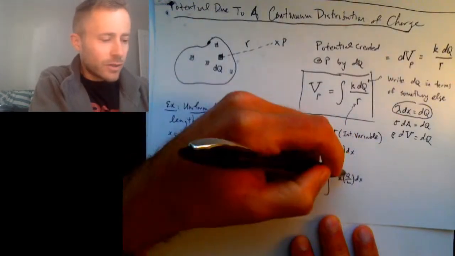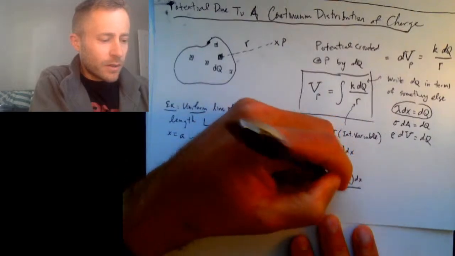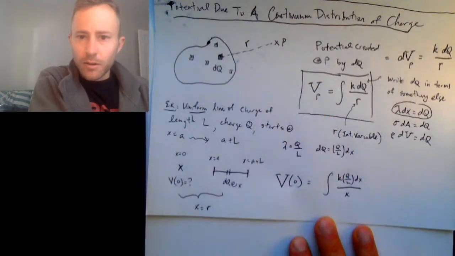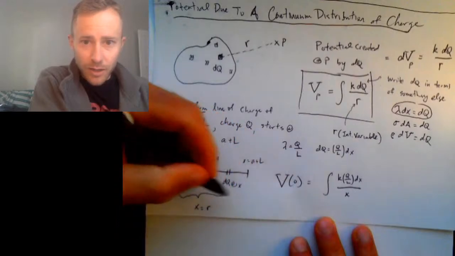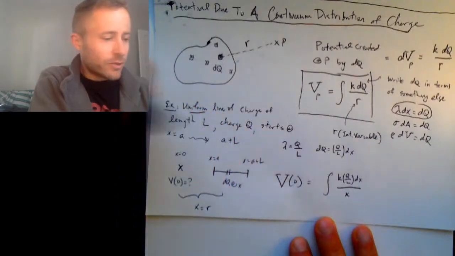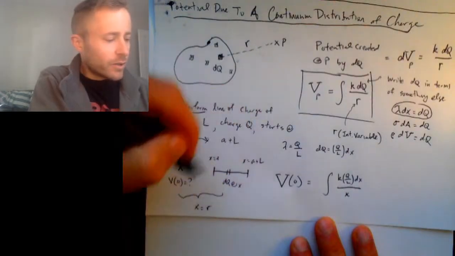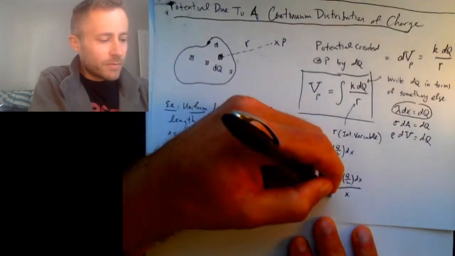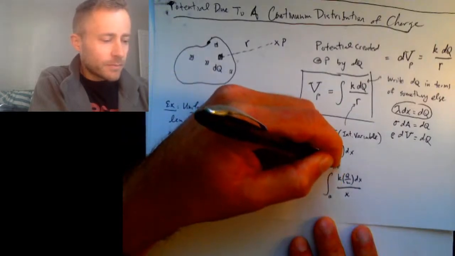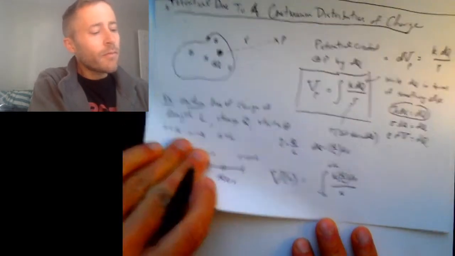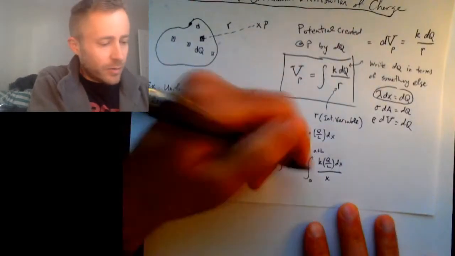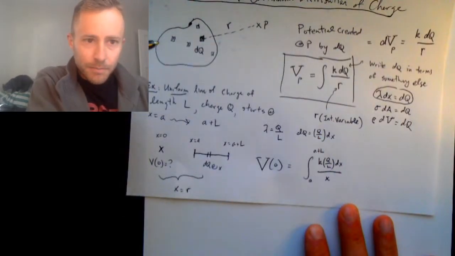So this is our dq, and then divided by r, which is equal to x. Okay, so this is the exact same formula as I have right here. My integral is going to go from A to A plus L, x being my integration variable.